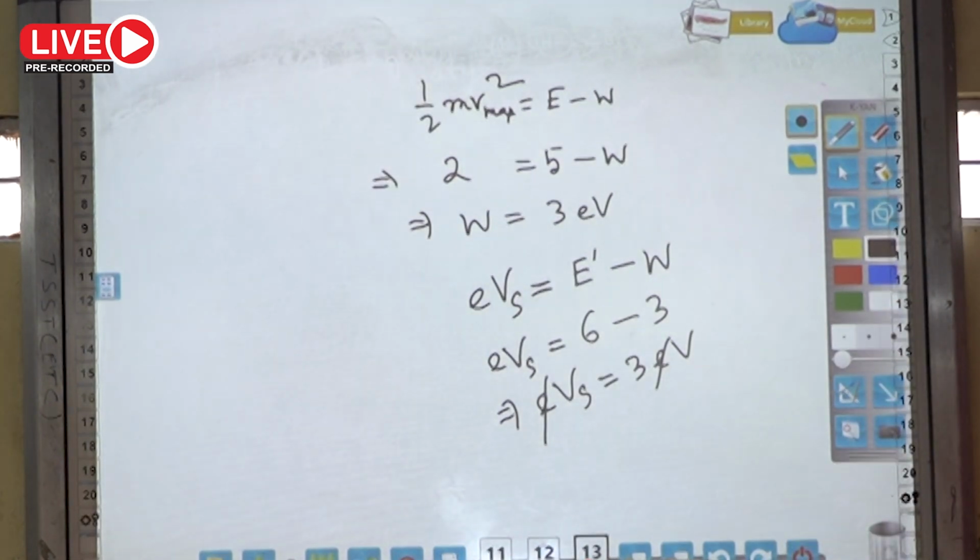Then the stopping potential of A relative to C is required. Stopping potential of the anode relative to cathode will be negative, because stopping potential should be a reverse bias potential which can stop the current. So that's why you have to put that minus sign.